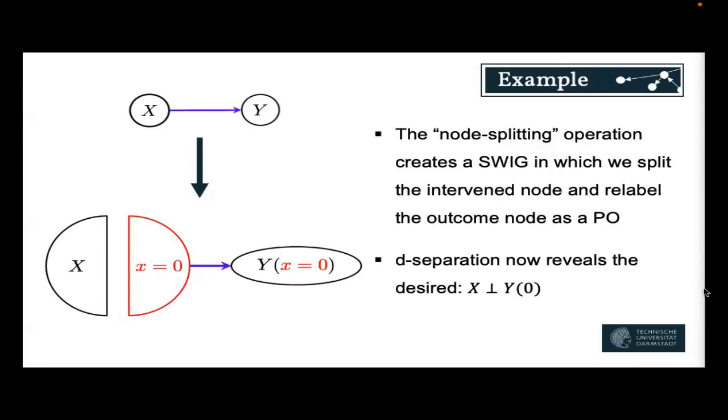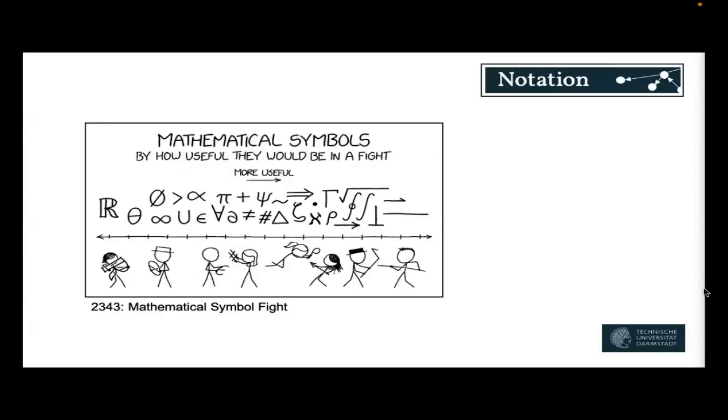And as you can see, PO so far looks very close to what we have known from Perlian causality. And that's why I found this comic to be very nice. It's the mathematical symbol fight. And what you can see here is an axis pointing in two directions, with a bunch of mathematical symbols placed on this axis.